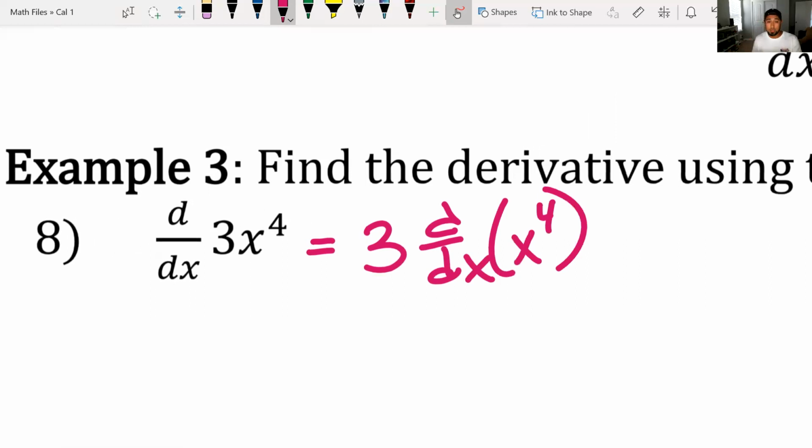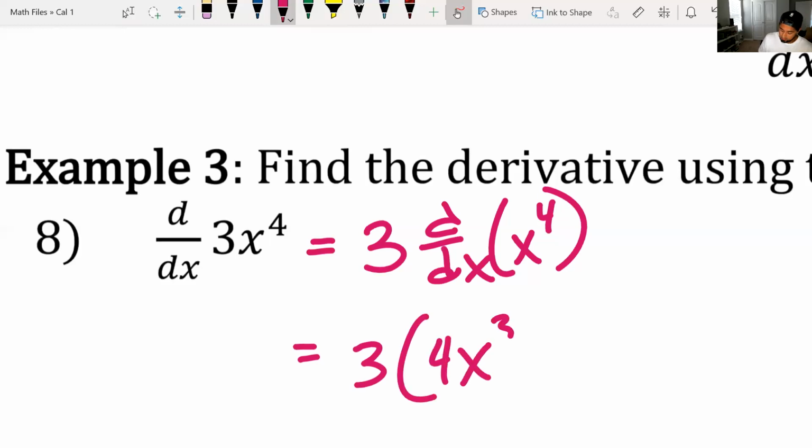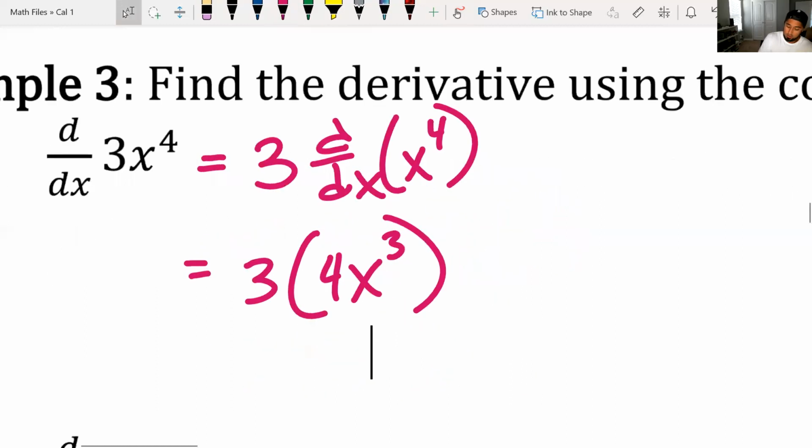And now we take the derivative of x to the fourth using the power rule, and you'll get 3 times 4x to the third, which gives us 12x cubed.